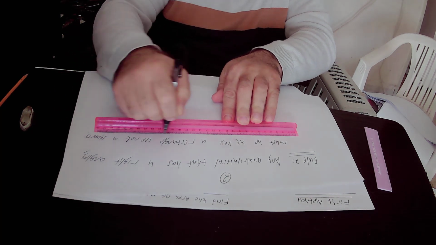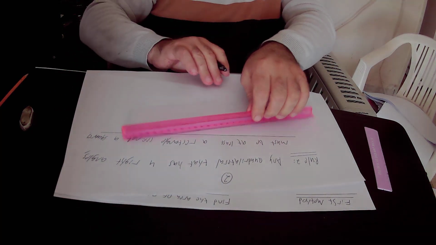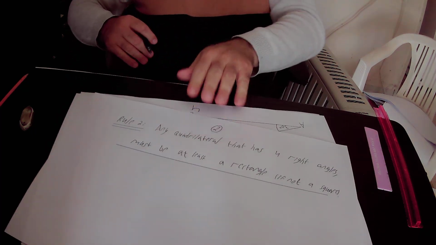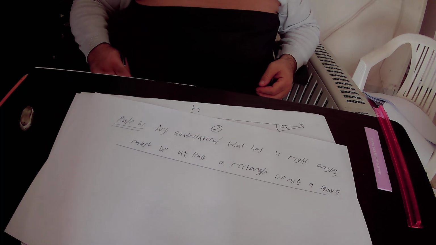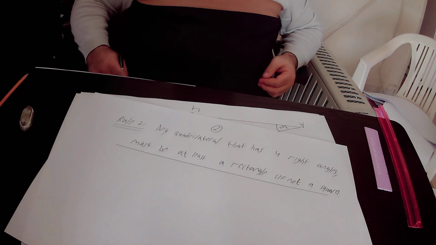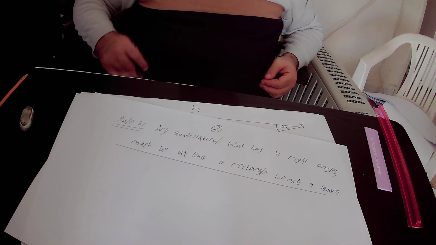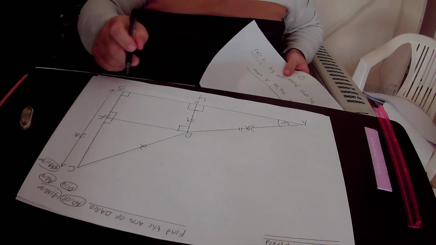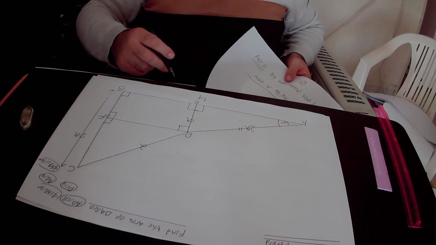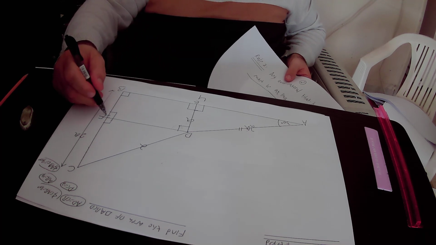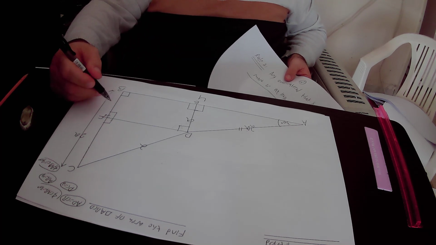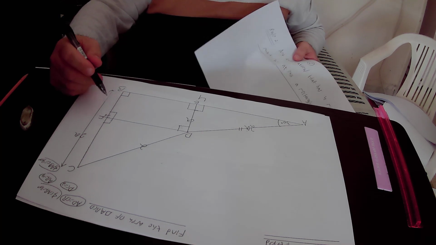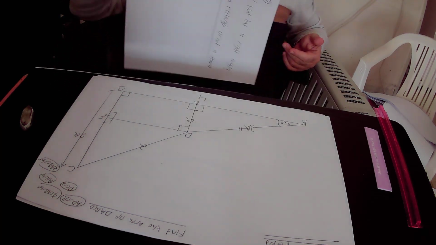So I'll repeat rule number 2. According to rule number 2, any quadrilateral that has 4 right angles must be at least a rectangle, if not a square. So, because quadrilateral DFBE has 4 right angles, we relate to quadrilateral DFEB as a rectangle.